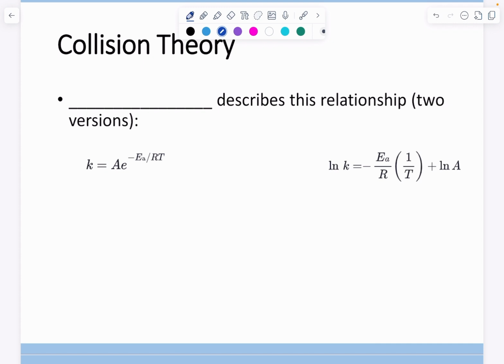So this is the Arrhenius equation. There are two versions. I'll be honest, the one on the right is easier to work with. We will use that one a lot, but we first had the equation on the left. So let's talk through this one. k is still the rate constant.